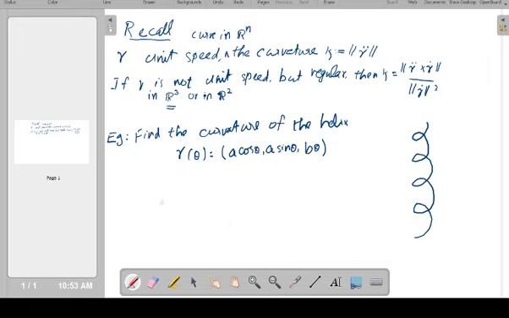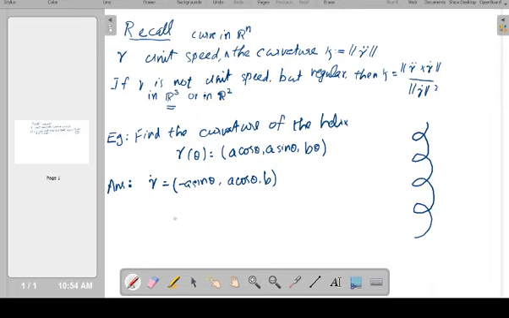So is this a unit speed curve? What is gamma dot? Gamma dot is minus a sin theta, a cos theta, b. So norm of gamma dot is equal to square root of a square plus b square.